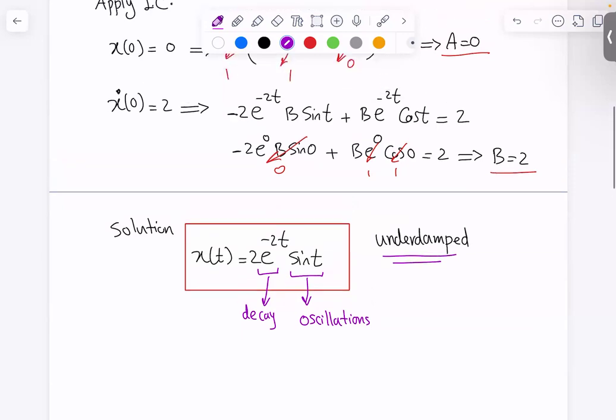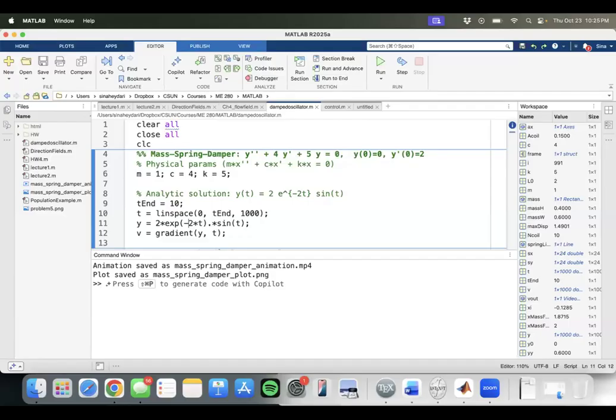So now I'm going to switch to MATLAB to show you the plot of this solution. Okay, so here I have this MATLAB script that will plot the answer.